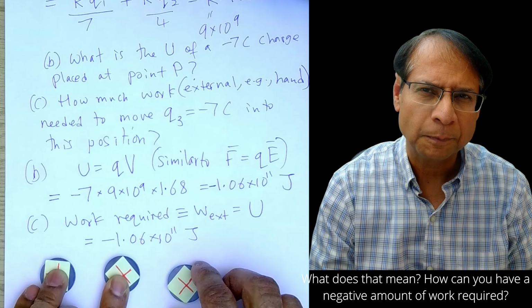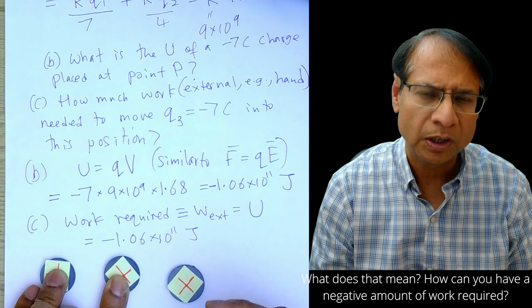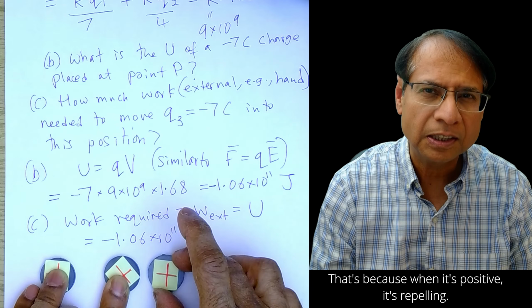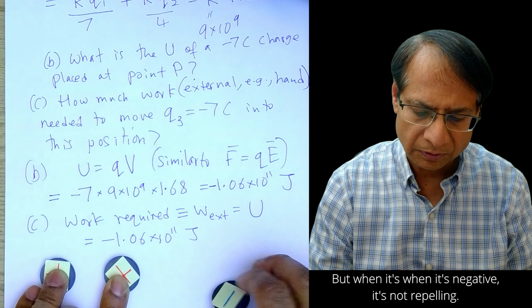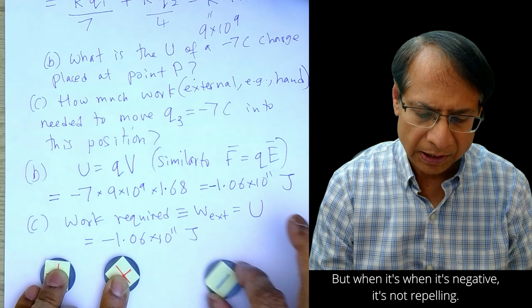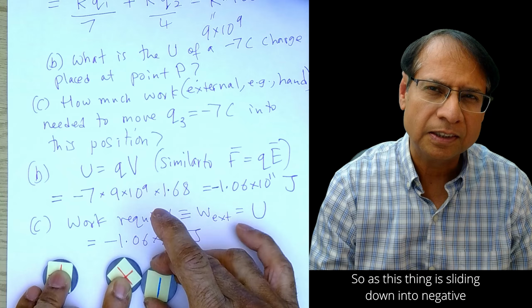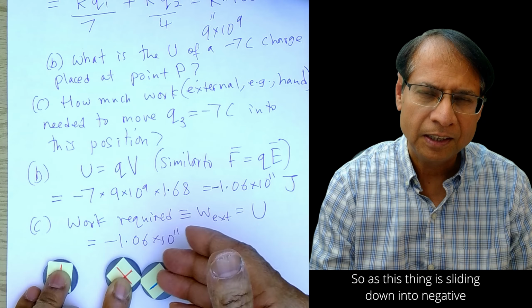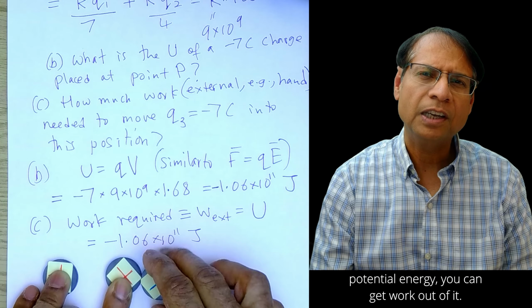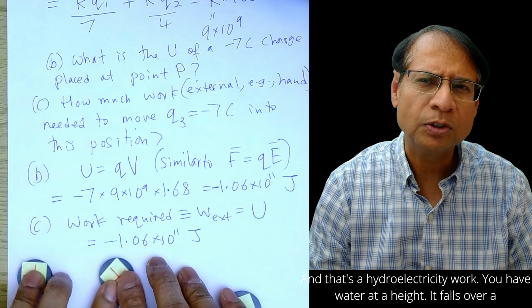What does that mean? How can you have a negative amount of work required? That's because when it's positive, it's repelling. But when it's negative, it's not repelling, it's attracting. You don't have to do work. You get work out of it. So as this thing is sliding down into negative potential energy, you can get work out of it. And that's how hydroelectricity works.